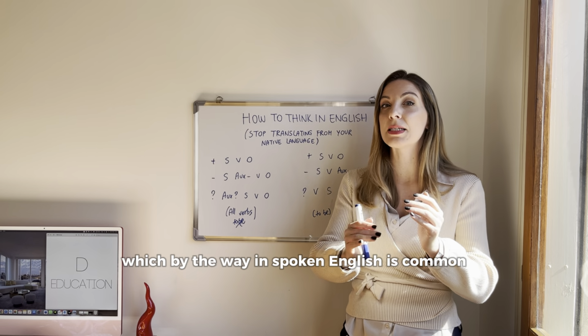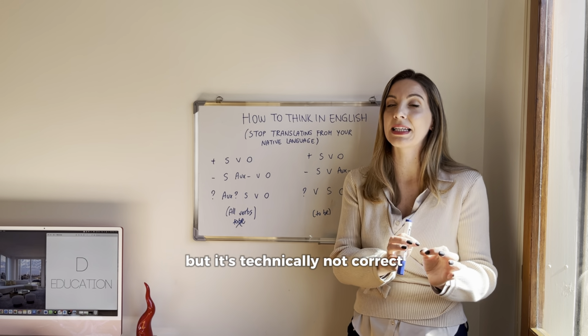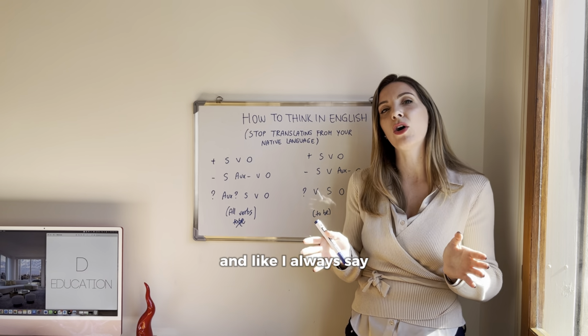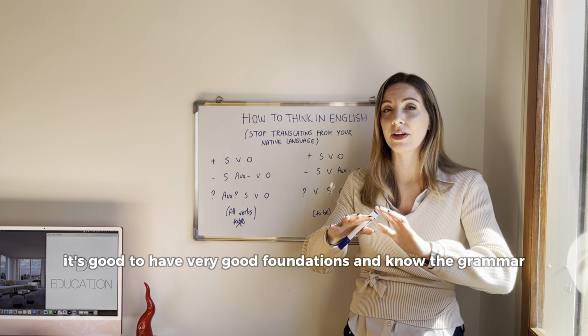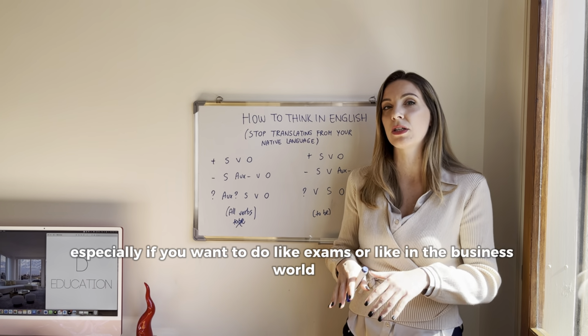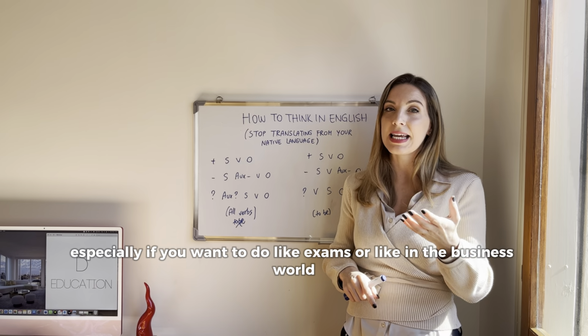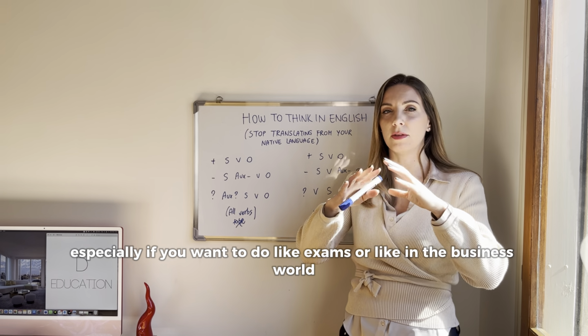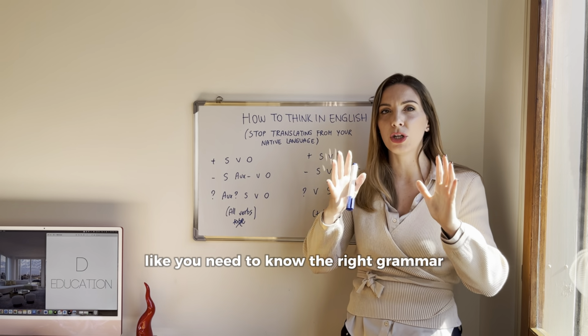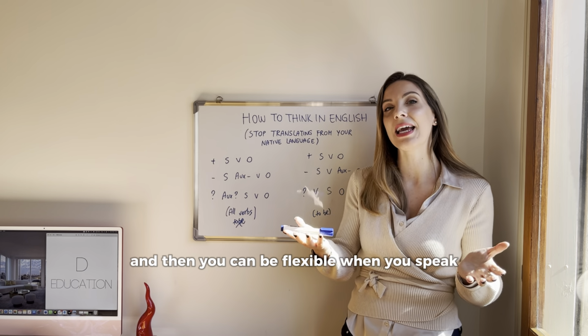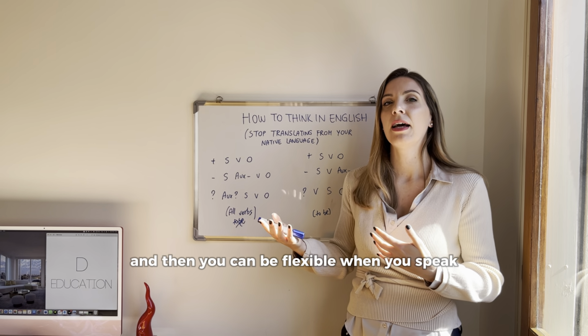Which, by the way, in spoken English is common, but it's technically not correct. And like I always say, it's good to have very good foundations and know the grammar, especially if you want to do exams or work in the business world. You need to know the right grammar and then you can be flexible when you speak.